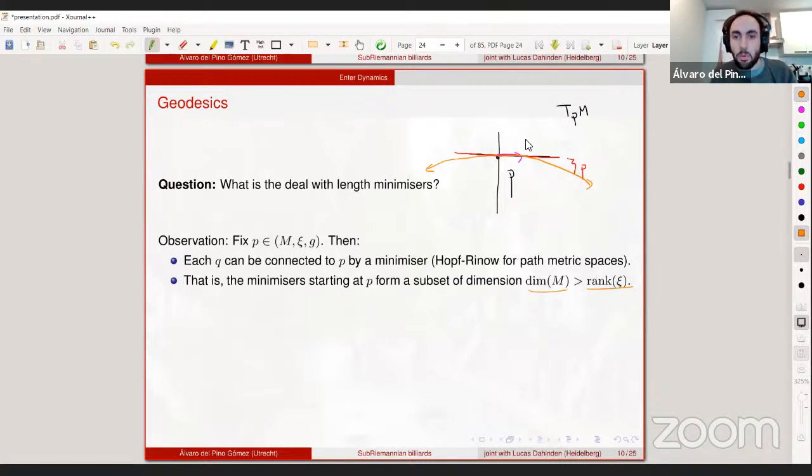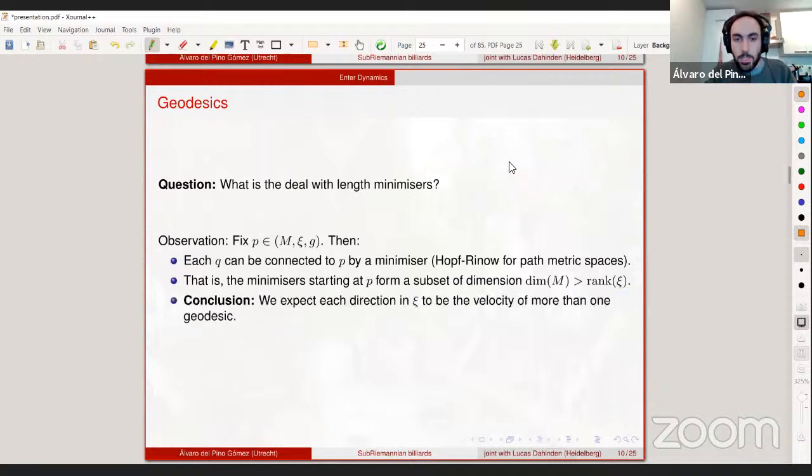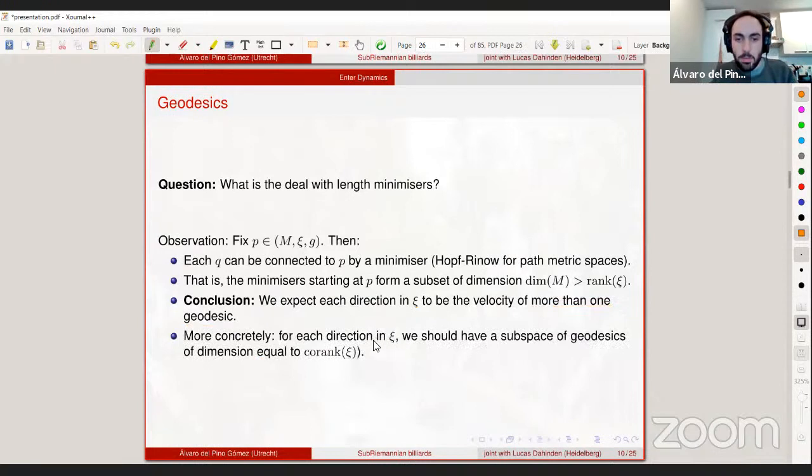So if I want to be able to connect to all points nearby, the geodesic spray cannot look like this. What this is telling us is that for every direction in psi, I must have more than one geodesic. And just dimension counting tells you that if you want to connect to any point locally, then at the very least, for every direction in psi, you should have a subspace of geodesics of dimension per rank of psi.